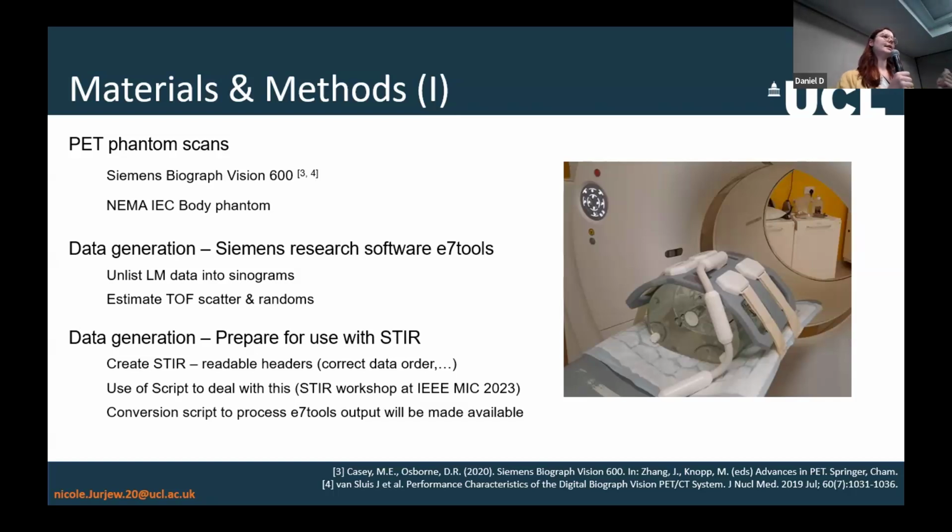It also means that Siemens only outputs 2D scatter. We upsample it to 3D scatter, and so on and so forth. This conversion script to process the E7 tools output will be made available. We have only just gotten the go-ahead from Siemens to make it publicly available.